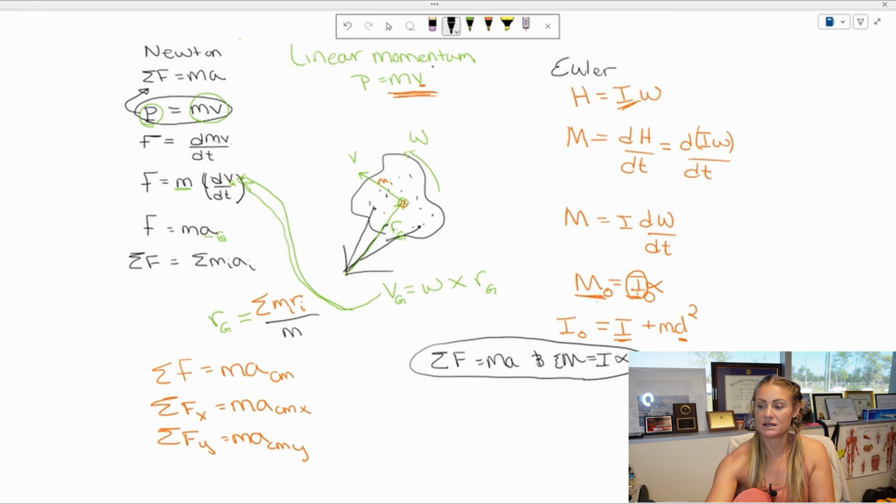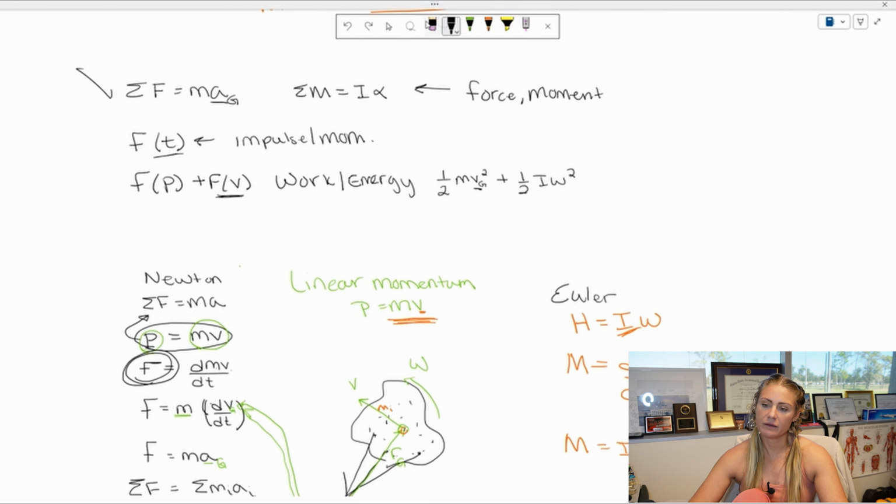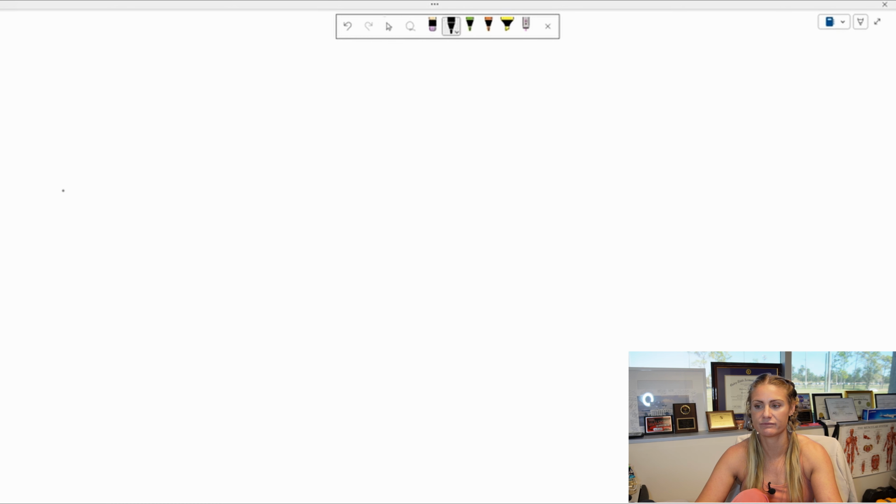Now, if we look up here, we said that we have this one. What happens if it was given to us as a function of time? Why don't we go through that? How do we deal with impulse and momentum, or forces that are functions of time? Well, why don't we go back to our original F equals ma?